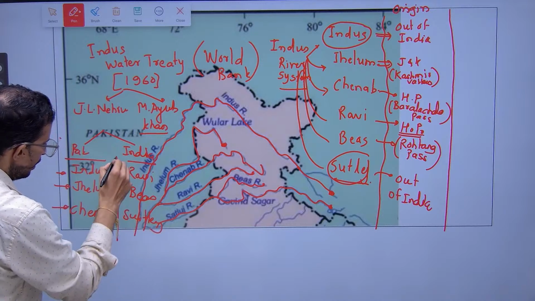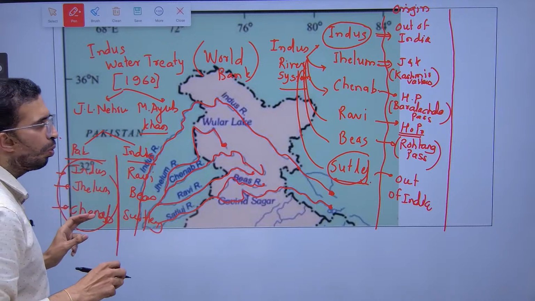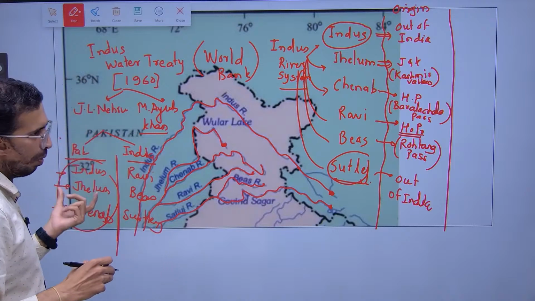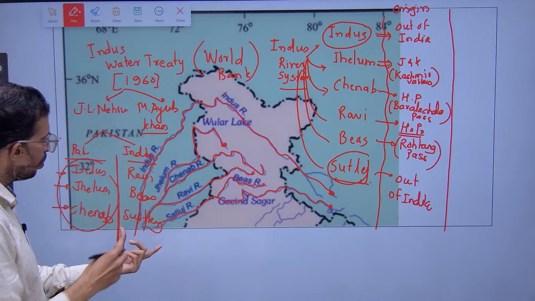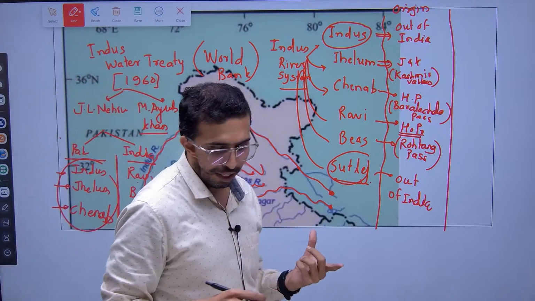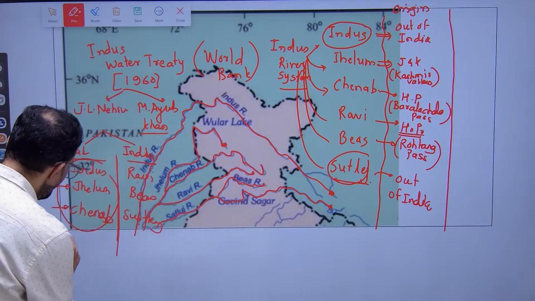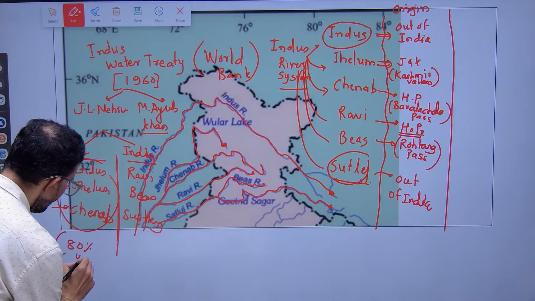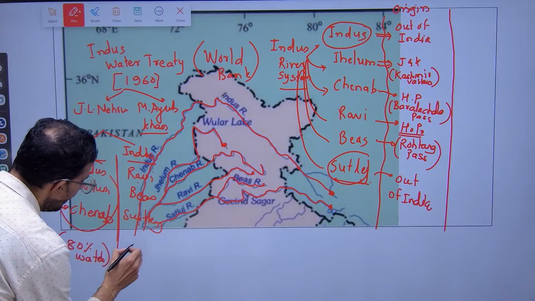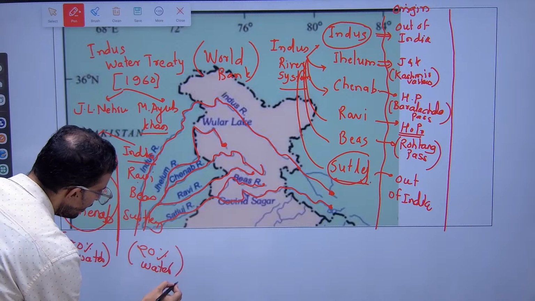Pakistan has total control over the western rivers, and India has control over Ravi, Bias and Satluj. By this treaty, Pakistan got 80% of the water and India got 20% of the water.